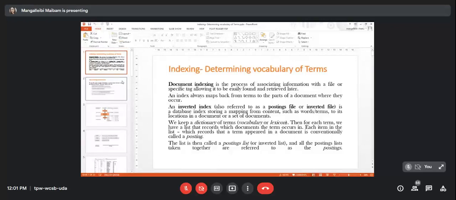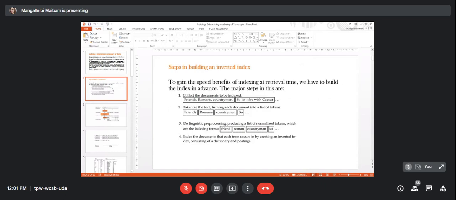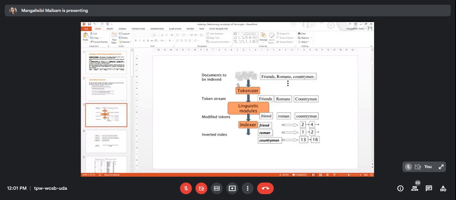So we have a posting list and a dictionary of terms. Now the steps. First, the document to be indexed is identified. Suppose you consider Friends, Romans, Countrymen as the document.